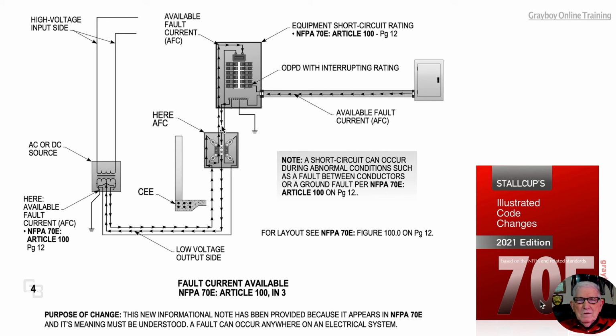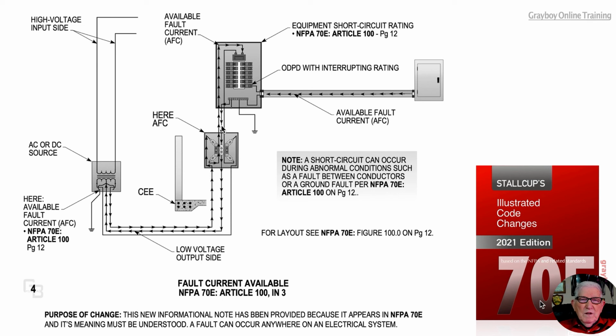So those are little tips that we pick up as electricians when we work on equipment and want to know what the available short circuit current may be at any given point where we're working in the electrical system. So that's what this definition is all about, is defining fault current that's available to an area where we may be working.